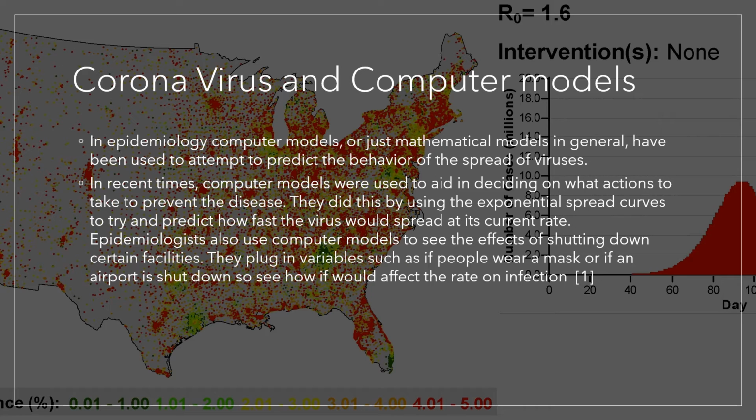They also use computer models to see what would happen if they shut down, let's say, small businesses or grocery stores or airports, and can plug in variables such as infection rate, if people would wear a mask, or if people would social distance, to see how it would affect this growth curve. Behind the text, you can see an agent-based model of the whole United States and the growth curve to its right.